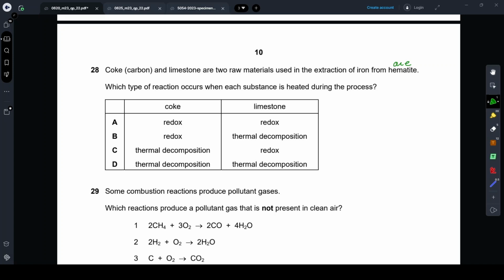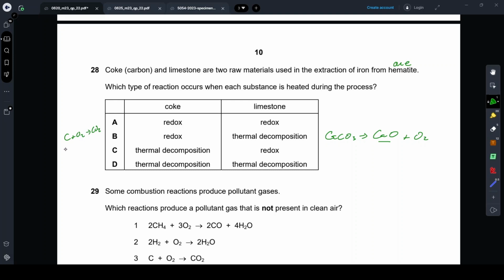Is it B? B. Yes. So limestone is calcium carbonate, right? And that's heated to decompose, giving you calcium oxide and carbon dioxide. And the coke initially reacts with oxygen to form CO2, right?